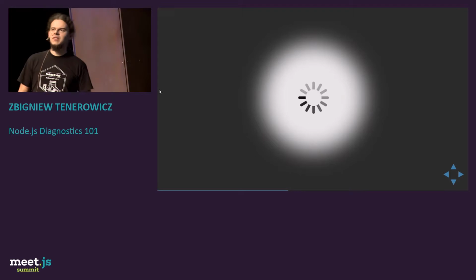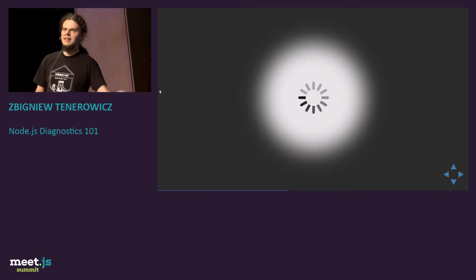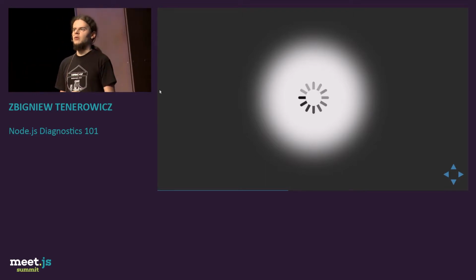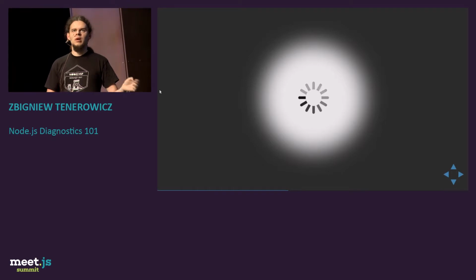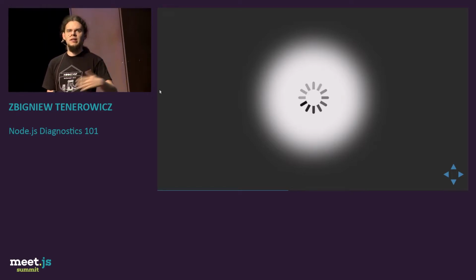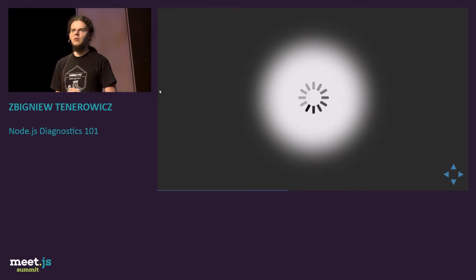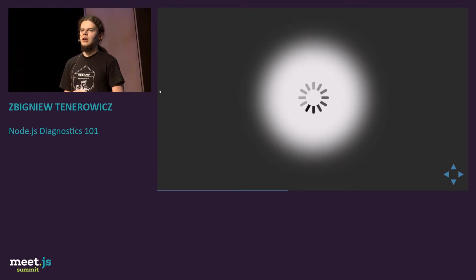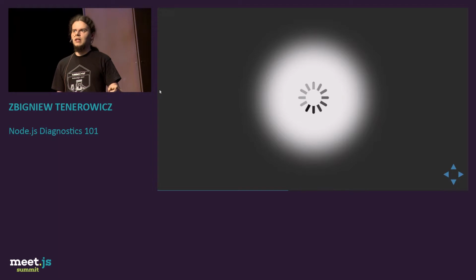JavaScript is single-threaded. It has an event loop, which is running your code. And unless you run something with a callback or promise or anything, a regular loop will block the process. So no incoming requests accepted. If you run while true in Node, it's not going to accept any incoming HTTP request because it's busy. And this is exactly what happens.